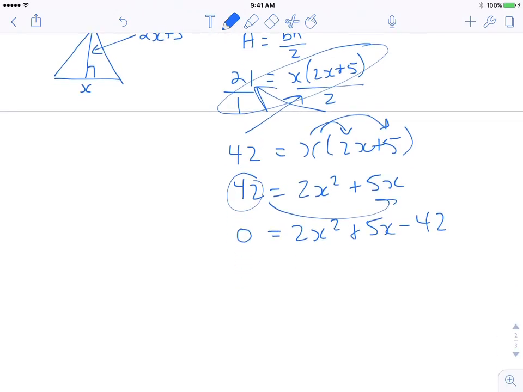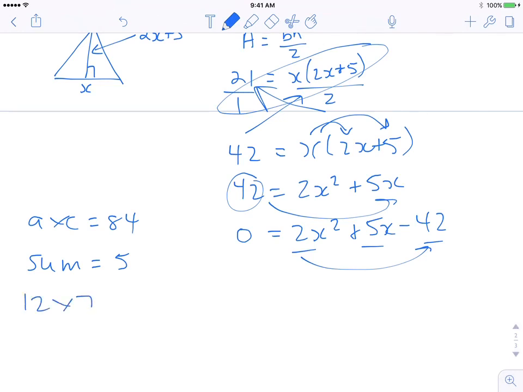Given that, we're now going to factor this. We're looking for a greatest common factor first. There is no greatest common factor between 2, 5 and 42, so therefore we're going to multiply a times c. In this case, a times c is 84. We want two numbers that multiply to 84 and have a sum equal to positive 5. We know that 84 is really 12 times 7.